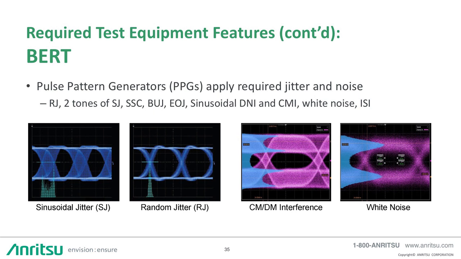It can apply bounded uncorrelated jitter, BUJ, using all the standard PRBS patterns, half period even odd jitter. It can apply internal variable intersymbol interference with losses up to 30 to 32 decibels.